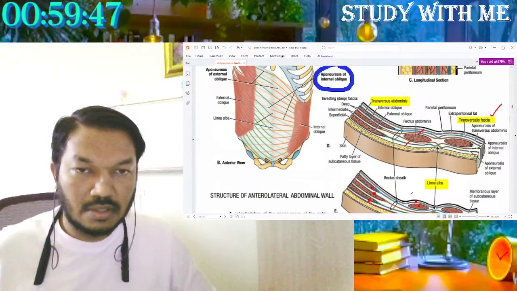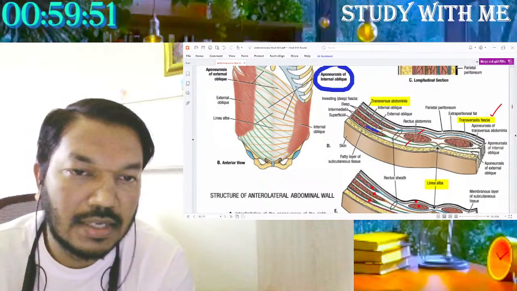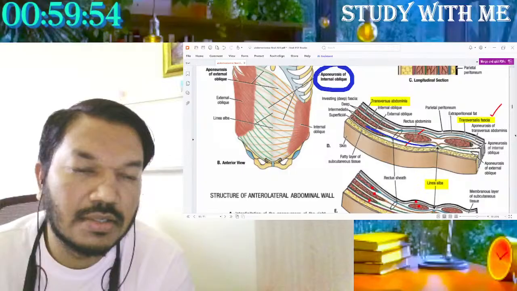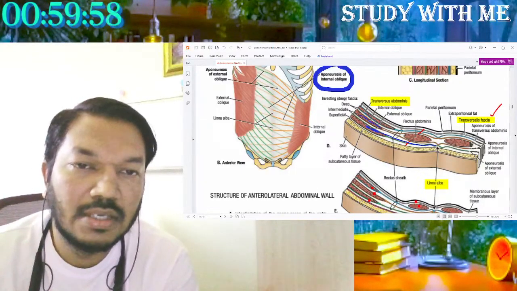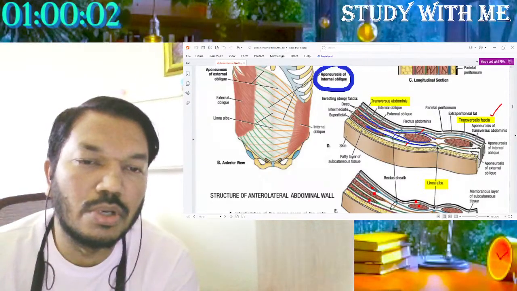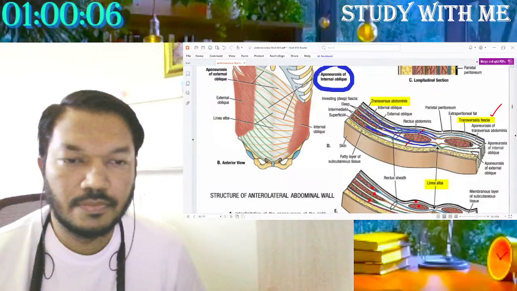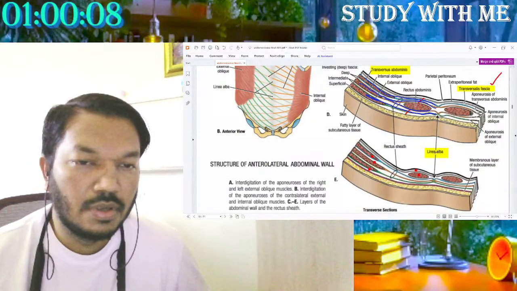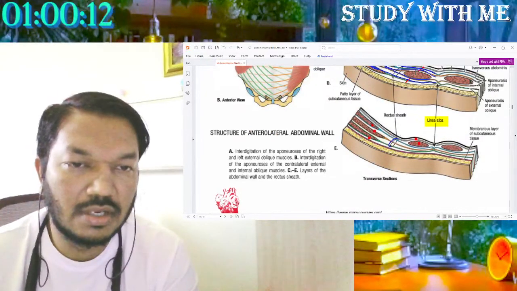See the muscle, external oblique, then external oblique coming anteriorly, and it is remaining like this. Then internal oblique, it is splitting into anterior and posterior, two portions. And transversus abdominis, it is going in the posterior. And they are forming the rectus sheath. This is the rectus sheath.